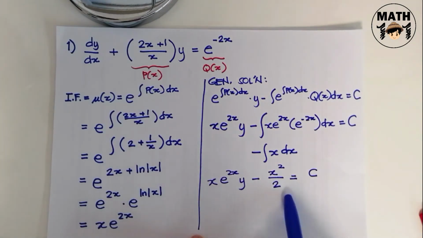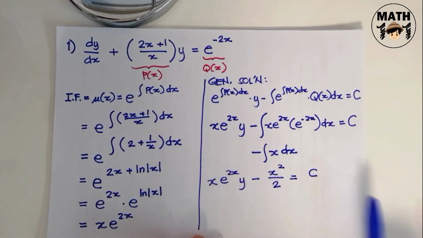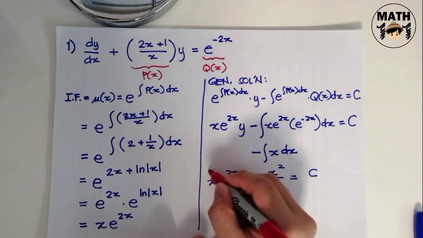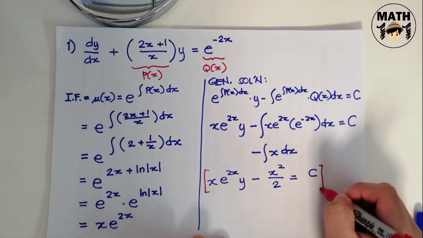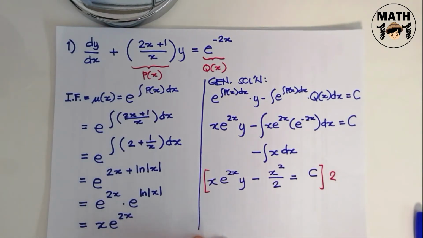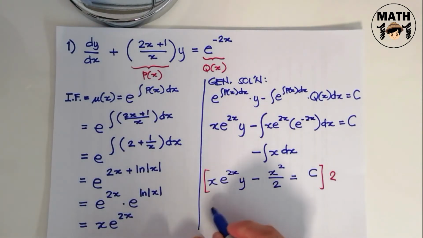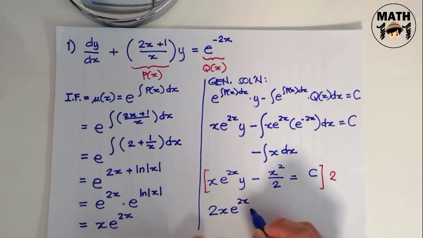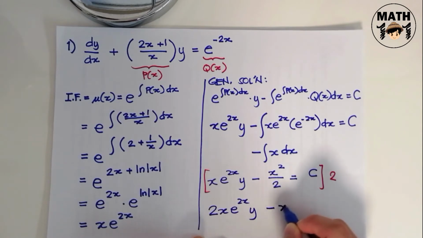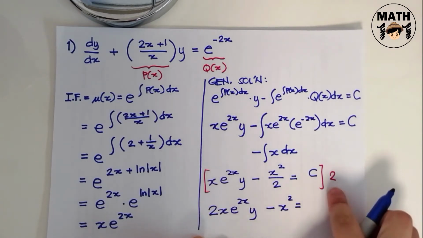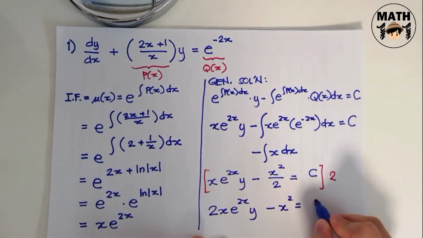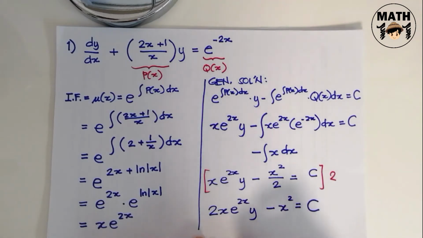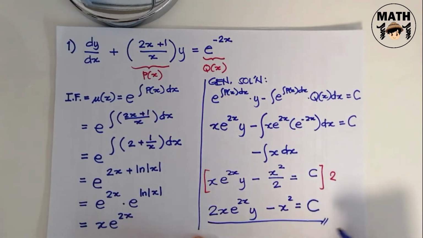Let's simplify the whole equation by multiplying the whole equation by 2. This is now 2x e raised to 2x times y minus x squared equals 2 times a constant, which is still a constant, so we can still write it as c.